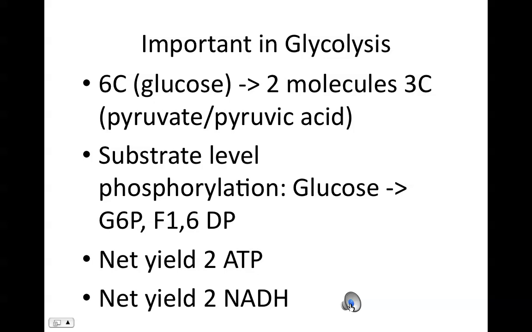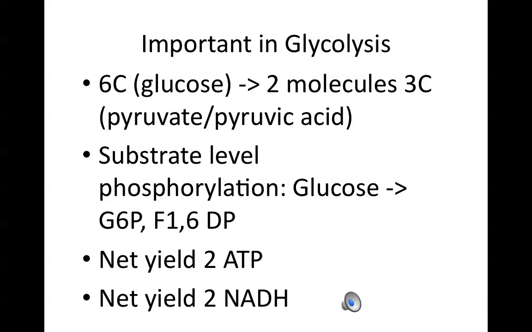Let's summarize again the importance of glycolysis that you need to know for our class. 6-carbon glucose is going to be cut into 2 3-carbon molecules of pyruvic acid, which can also be called pyruvate depending upon the ionization state.